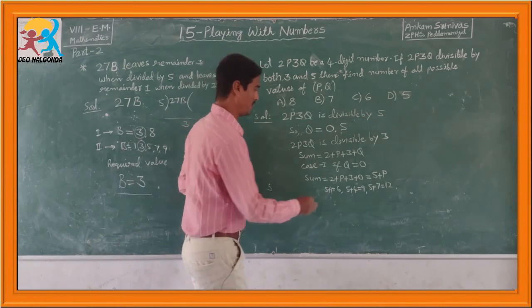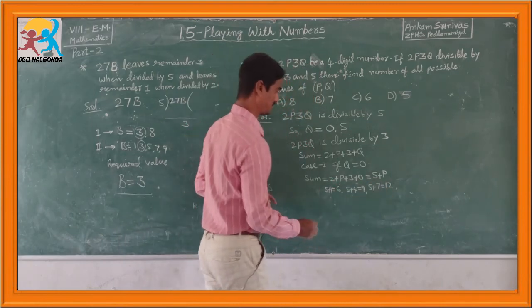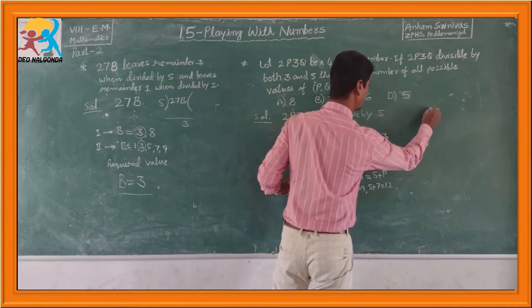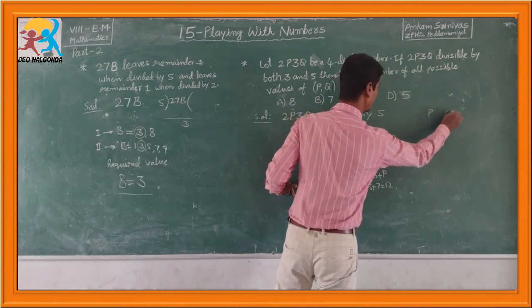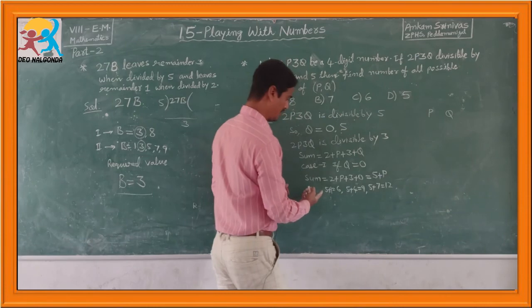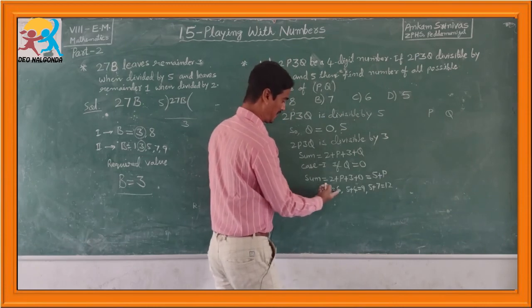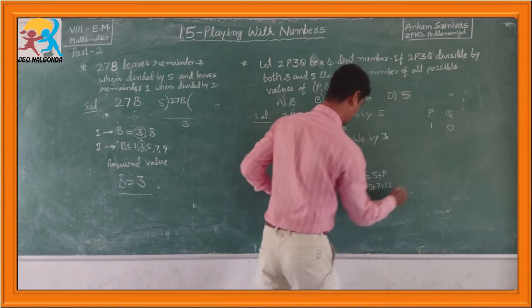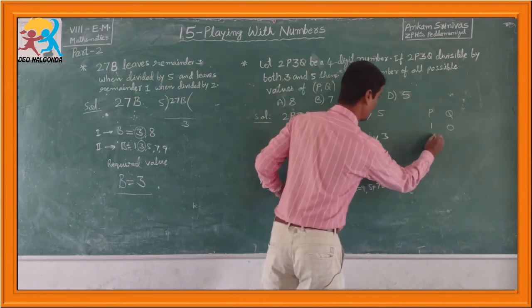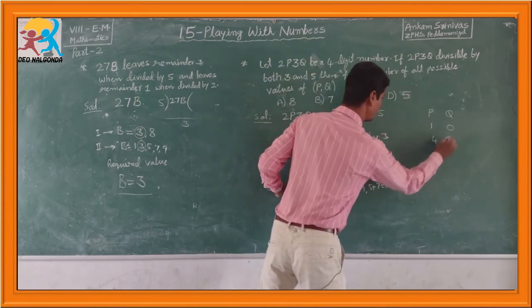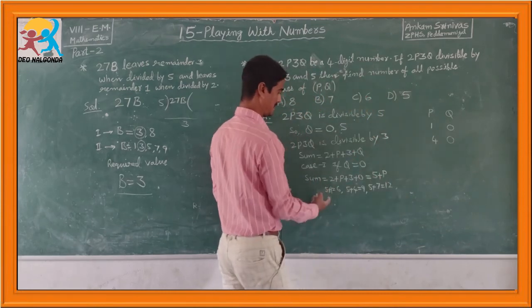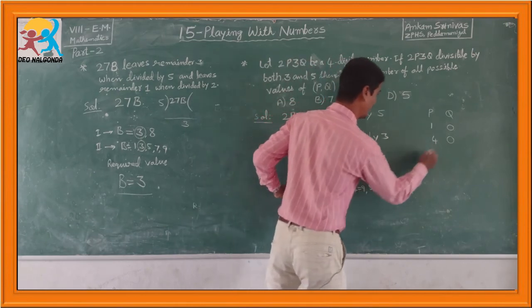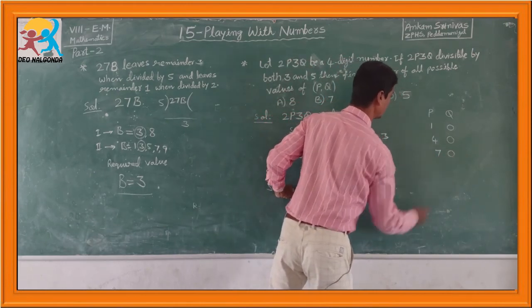So the p comma q values are: p equal to 1 and q equal to 0, p equal to 4, q equal to 0, and p equal to 7, q equal to 0.